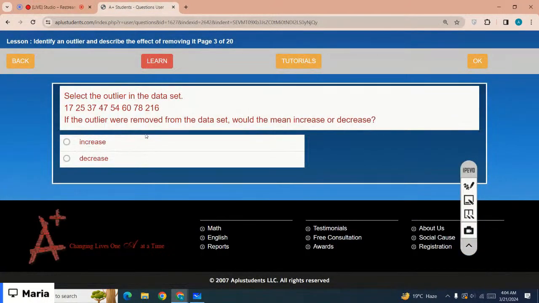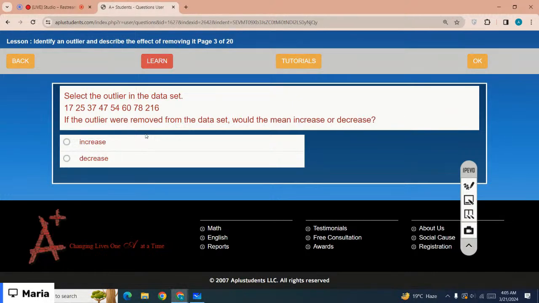Okay, yes. The next one is select the outlier in the data set 17, 25, 37, 47, 54, 60, 78, and 216. If the outlier were removed from the data set, would the mean increase or decrease? So first thing is you have to identify the outlier. Which is the outlier here? 216 is the outlier, right?